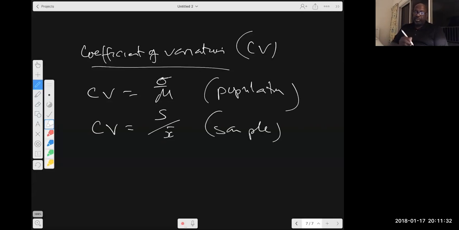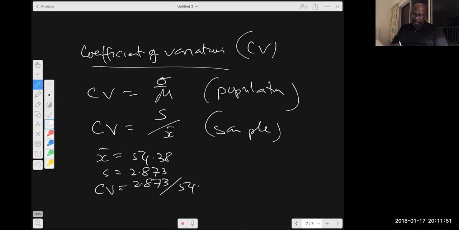All right? So for our example right now, the sample mean X bar for science was 54.38, and S was 2.873, I believe. So therefore, our coefficient of variation is 2.873 divided by 54.38, whatever that turns out to be. That is your coefficient of variation. Let me see if I can compute that quickly for you. Okay, I see it now.